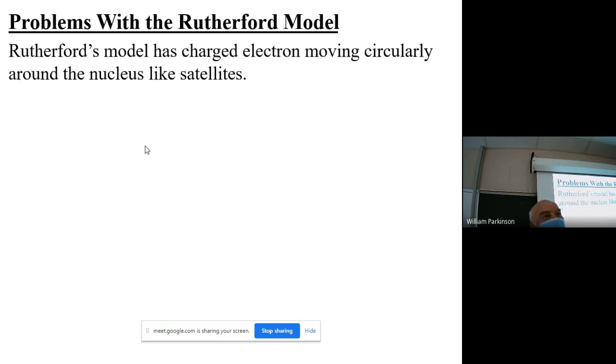And just like the Earth every 365.25 days goes around the sun once, we're saying then every so many seconds, the electron would orbit around the nucleus. By the way, you notice I said that the time it takes the Earth to go around the sun is actually 365.25 days, because every fourth year, if we don't add an extra day into the calendar, it starts to get screwed up.